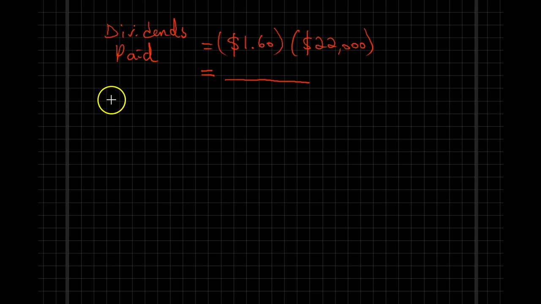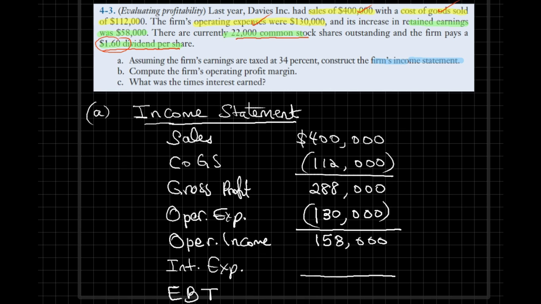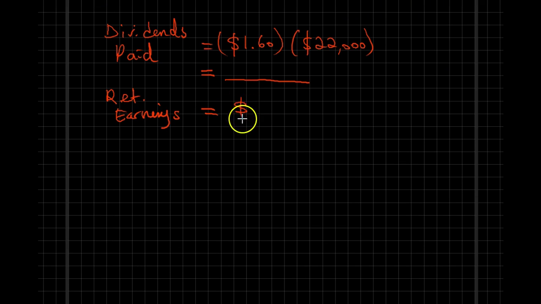Well, because once I have dividends paid and I know my retained earnings, which is given in the problem, let me go to the previous slide. I believe retained earnings was $58,000. So those two figures added will give me my net income, right?